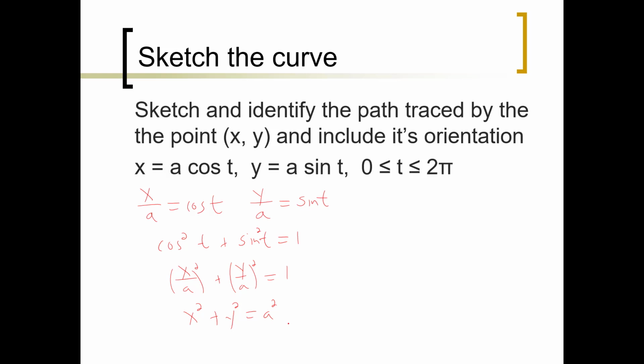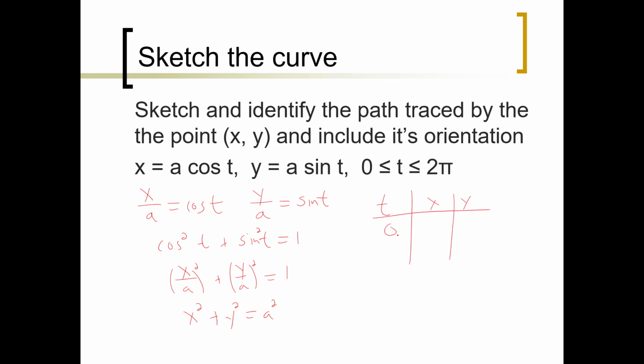It's a circle. Now that means then that my path traced out by this point is always on the circle. I have to now figure out what portion of that circle is actually part of the path. Well, when t is 0, you get a corresponding x and y value.